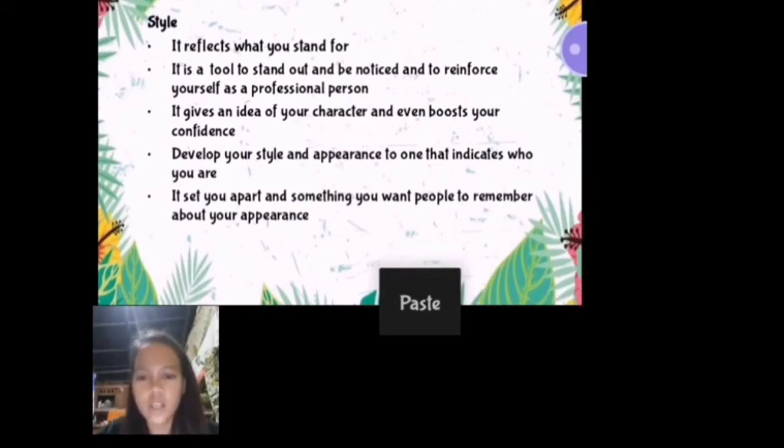Fashion can be simple. And I know that styles tackle how you stand and what your character is as a person. So here's the topic. Style reflects what you stand for.